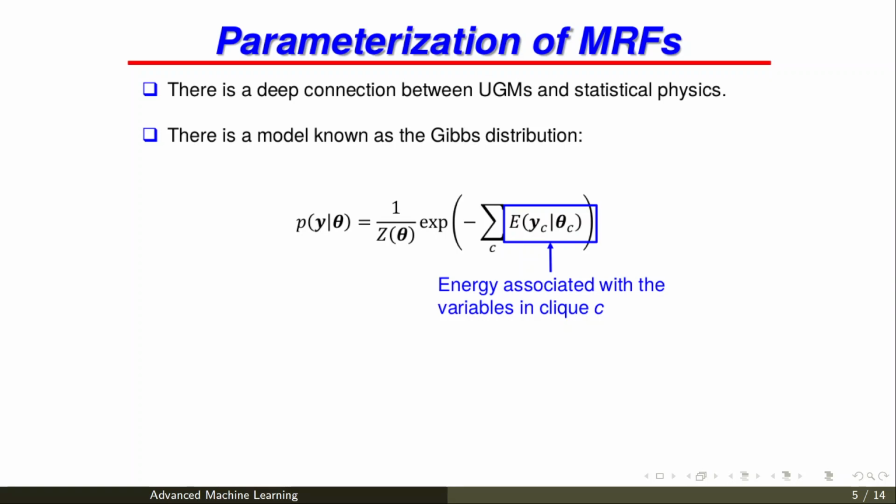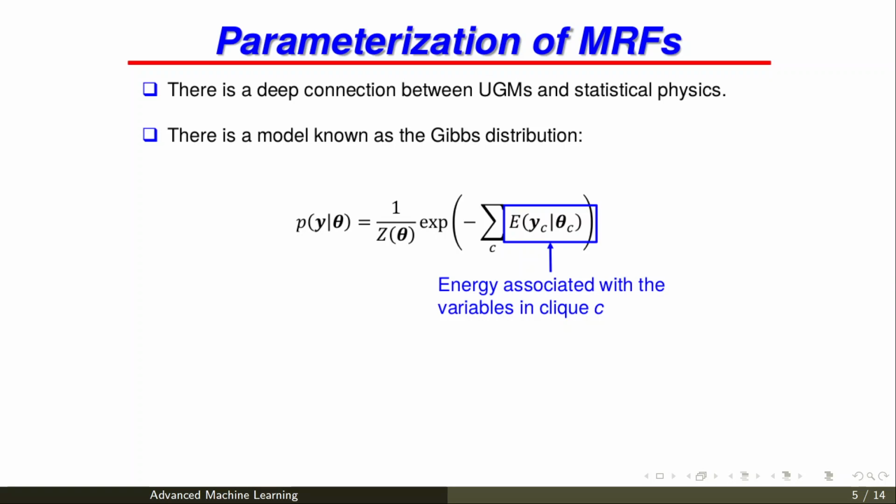Undirected graphical models are very much related to statistical physics. This distribution, we write it in terms of the energy associated with the variables in a clique. So here, each of these potentials is e to the power minus E, where E is the energy associated with a clique, using 1 by the number of nodes.